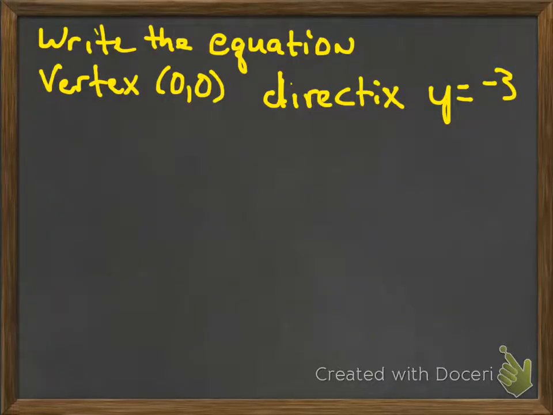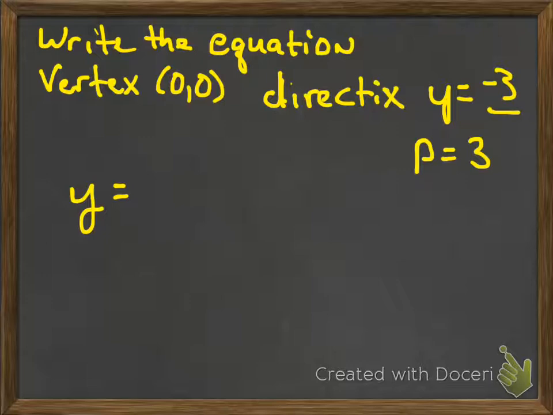Okay, so what happens if I just give you information, like say here, write the equation with the vertex at 0, 0 and a directrix at negative 3? Keep in mind that the directrix gives your p, the distance from the vertex, and that's negative 3. We always take the opposite of that, so p has to equal 3.